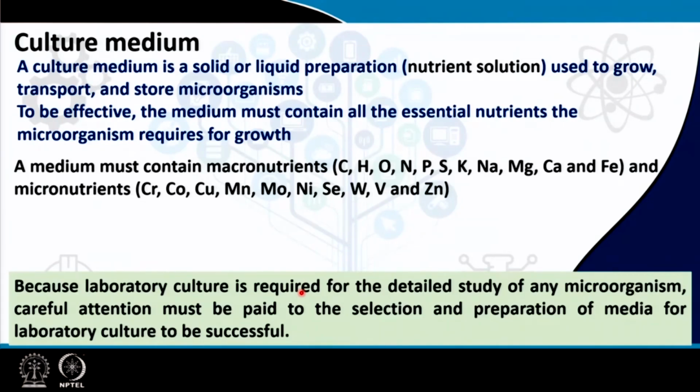For example, if we want to study the lithotrophic organism or the autotrophic microorganism: lithotrophic organisms are organisms which are capable of utilizing inorganic electron donors like ammonia or sulfides or nitrite.